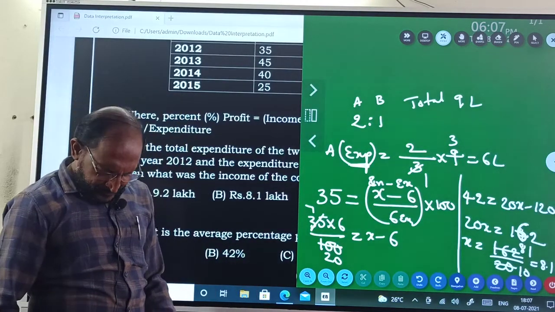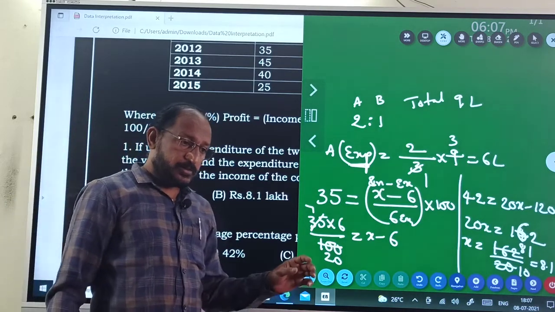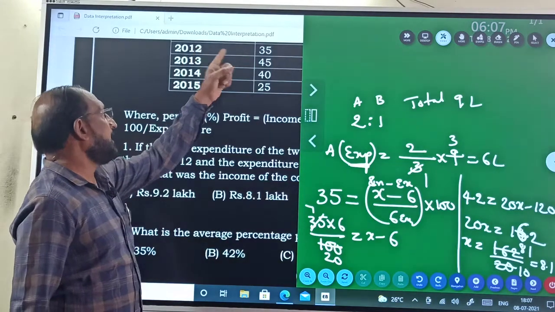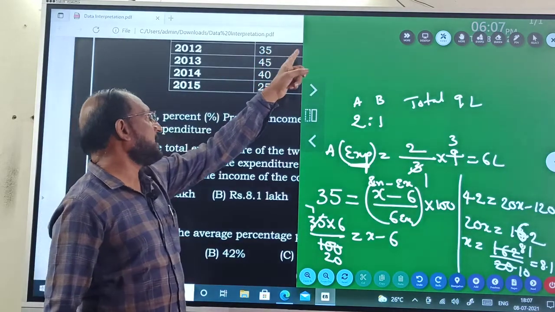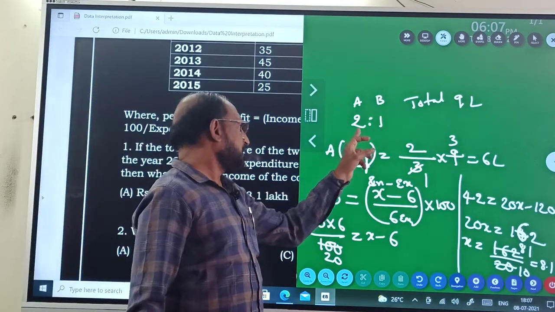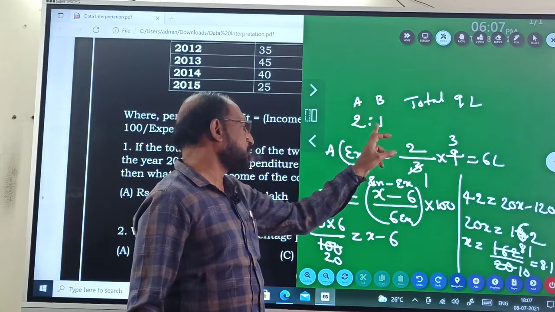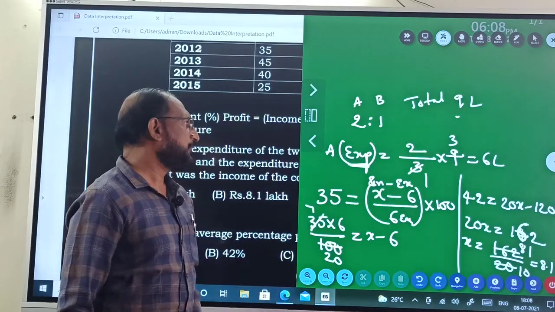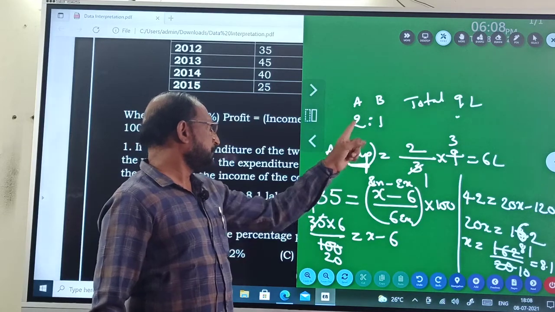Once again, two companies, A and B, are given. The profit percentages of A and B in 2012 are given: company A is 35, company B is 40. The expenditure ratio of A to B is 2:1, and the total expenditure was 9 lakhs. So what is the expenditure of company A?